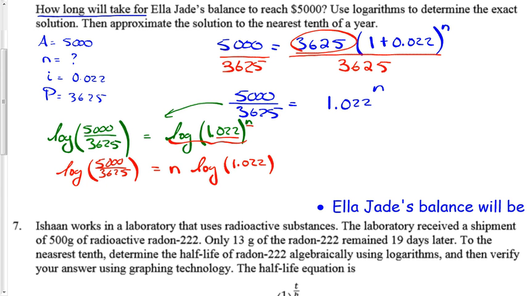Now we finish off, remembering our goal is to find out what n is, so I need to divide out this log of 1.022, and we'll divide it on both sides.